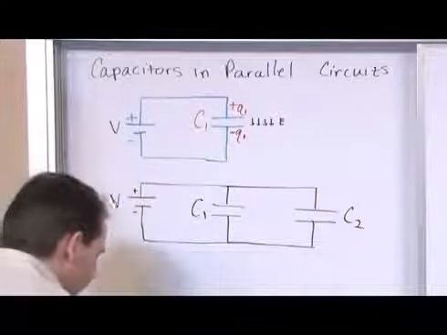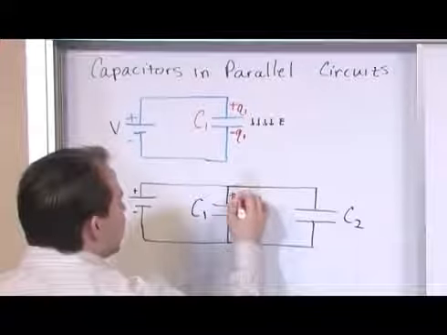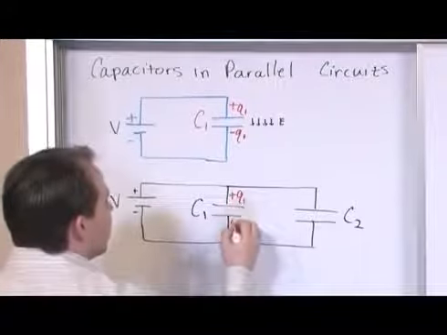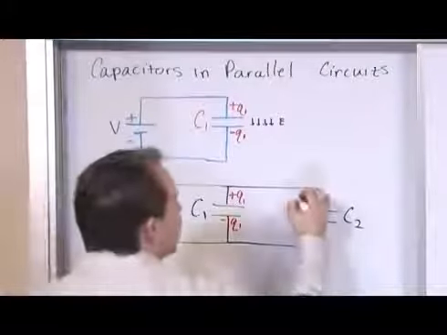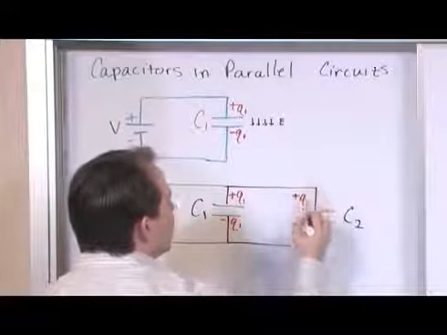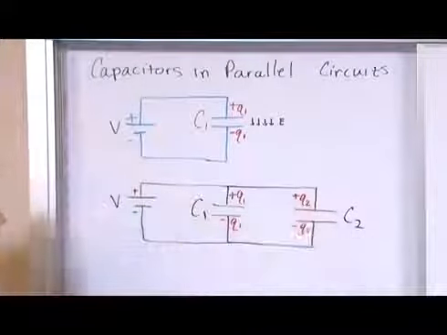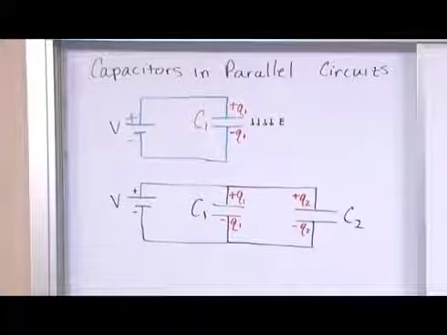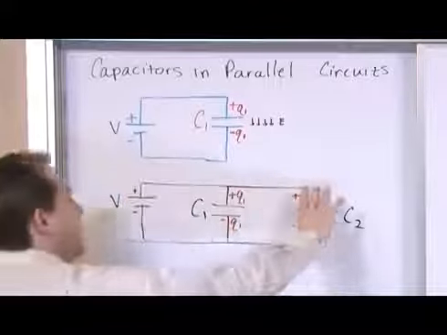And on this capacitor right here, we're saying the same thing as before. This has some Q1 on this plate, and this has some negative Q1 on this plate, and this guy has some Q sub 2, and this has some negative Q sub 2. So it's the same value of the charge, just opposite on the other side of the plate. And notice that because these are in parallel, what it really means is they're both connected directly to the battery.